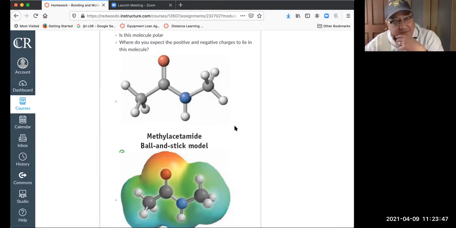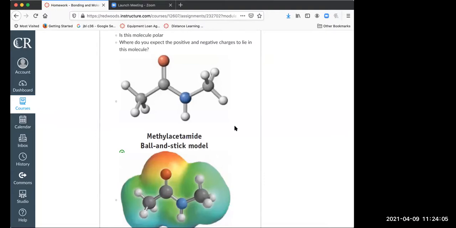Let's see, what am I going to do here? I guess I'm going to do this. Are you saying that if you maybe rotate it a little bit, you might be able to cut it in half?